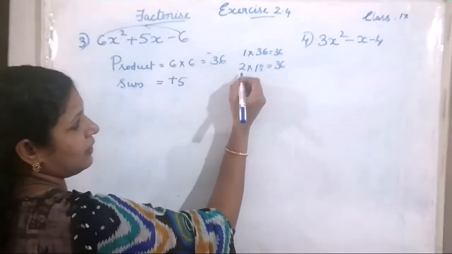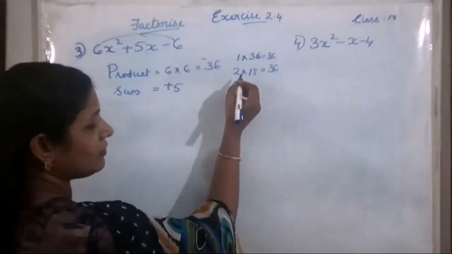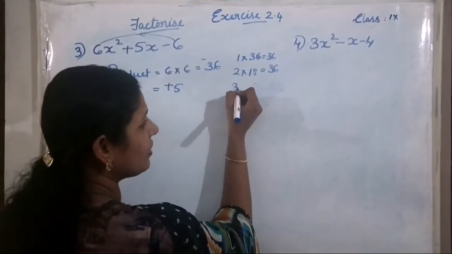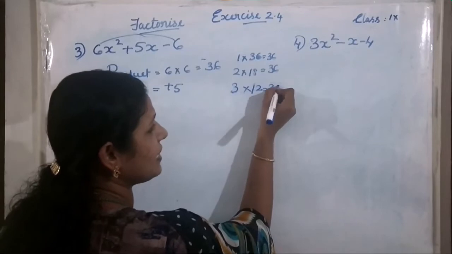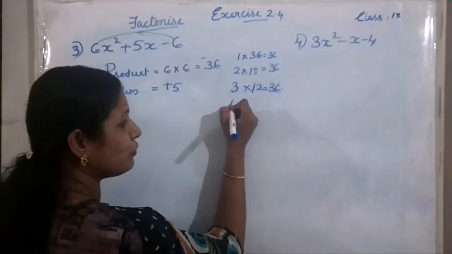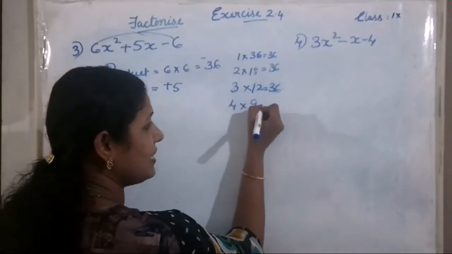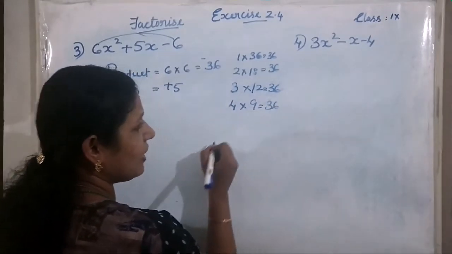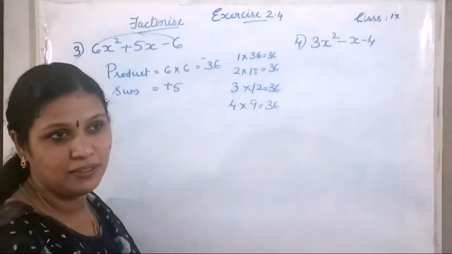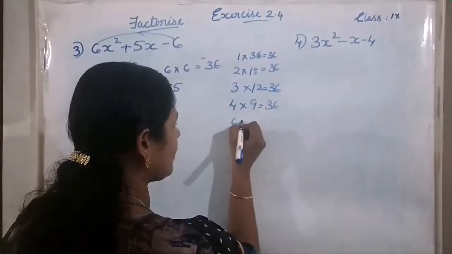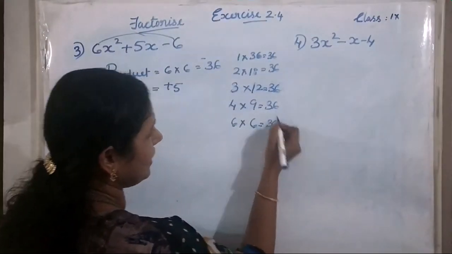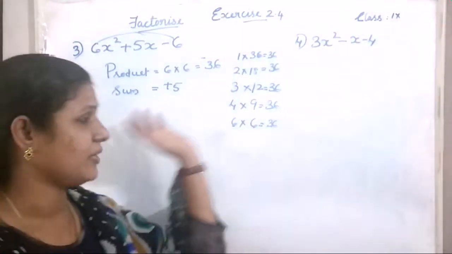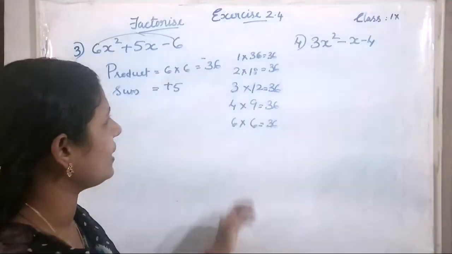Then 3 into 12 is 36, and 4 into 9 is 36. Now 5, it's not possible. Then 6 into 6 is 36. These are the numbers to get this 36.